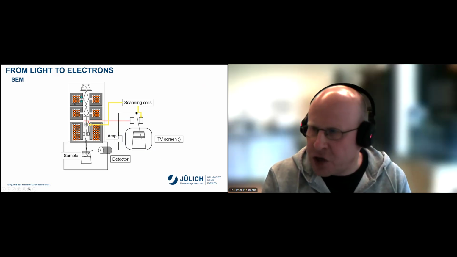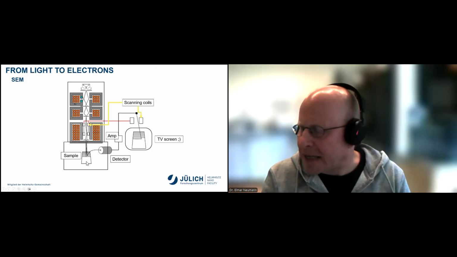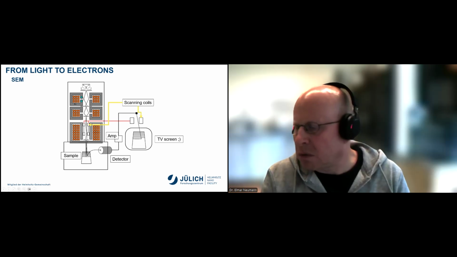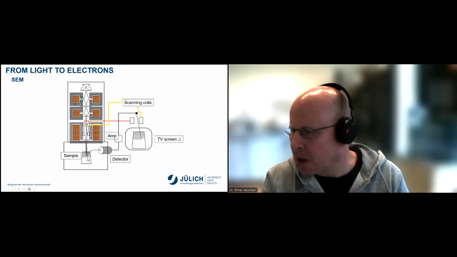The magnification in an SEM comes simply from keeping the aspect ratio and the number of lines and points in these lines constant, but reducing the area that you scan.